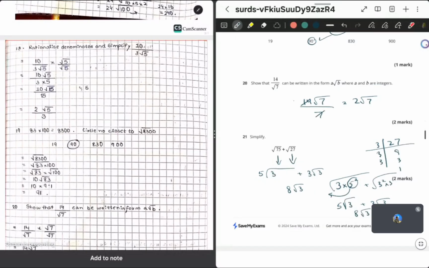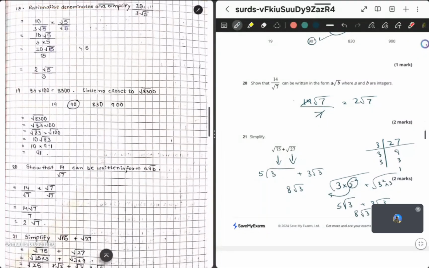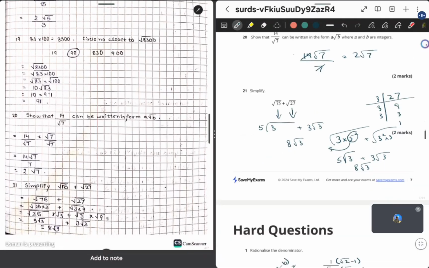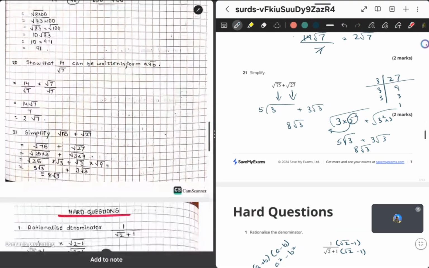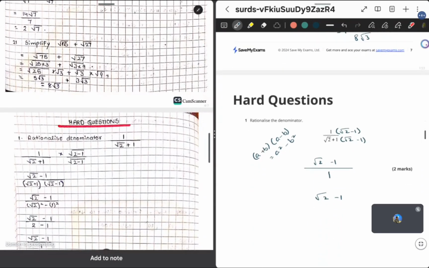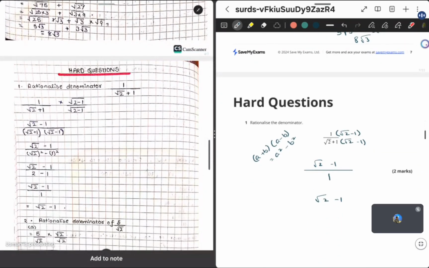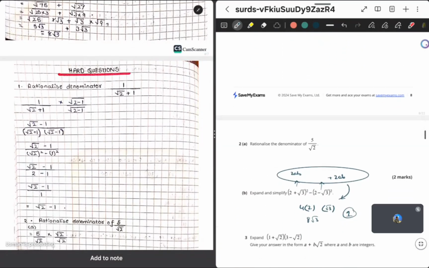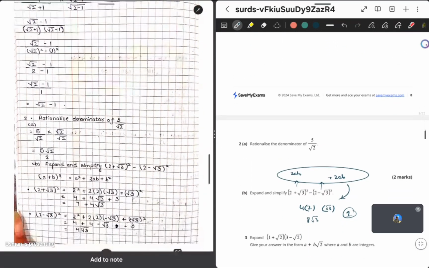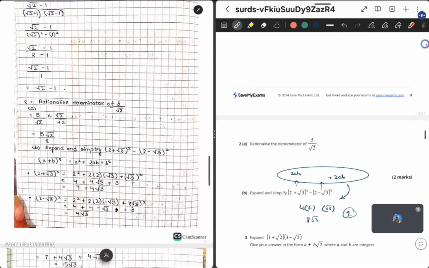Good. Very well done. 8 to 3. Rationalize and you get to 2 minus 1. Perfect.